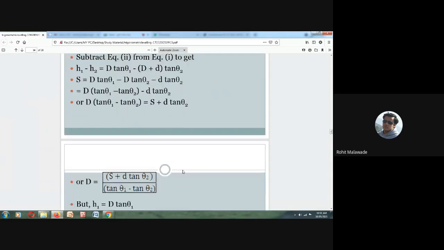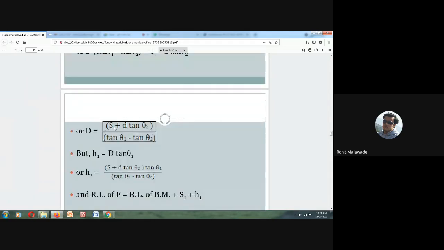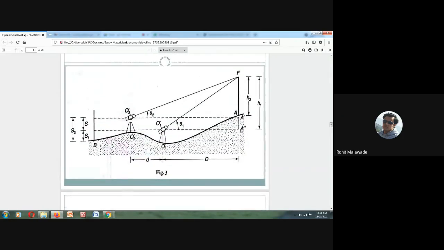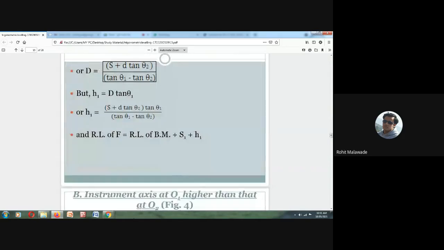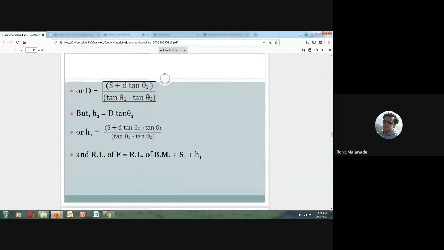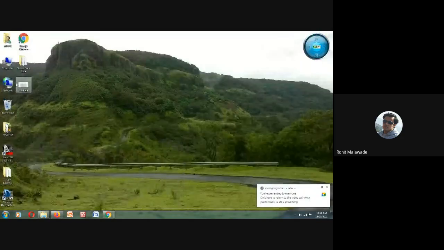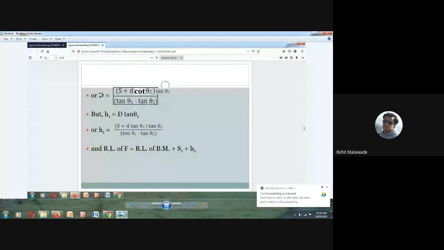If we simplify, there is some change here. Instead of d, we can have the distance between the object O1 and F, and we can determine it using the formula. There is a slight change here.